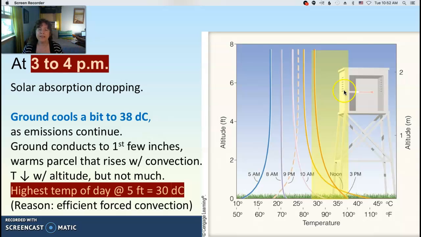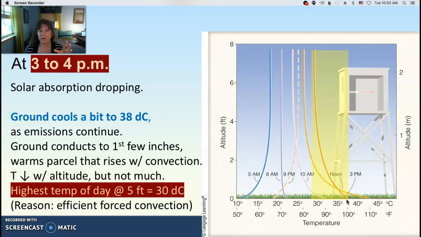So what you see here is the dark orange line, which is the 3 p.m. line. Follow that down. At 3 p.m., you've already got a lot of emissions going on, and those emissions have taken the surface temperature down from that 110 degrees at noontime down to about 100 degrees.